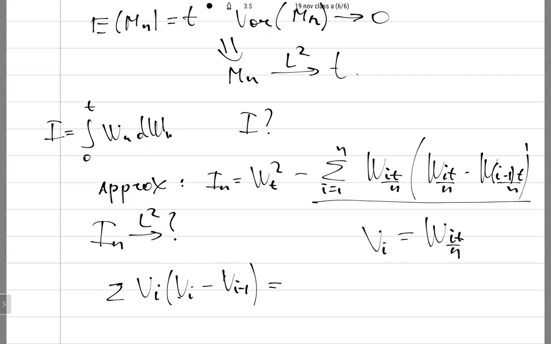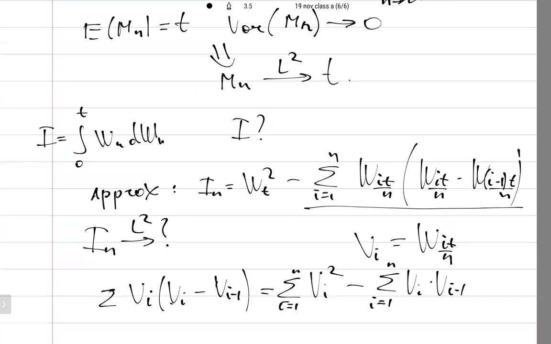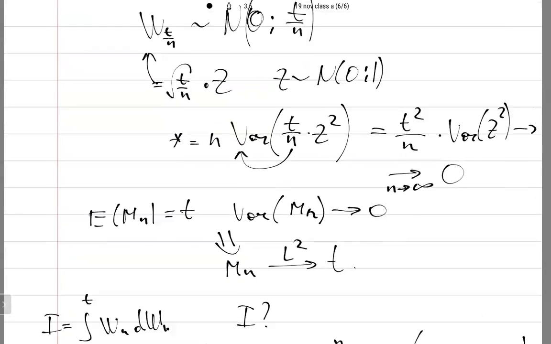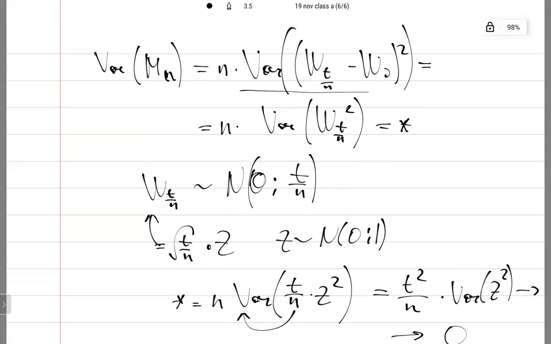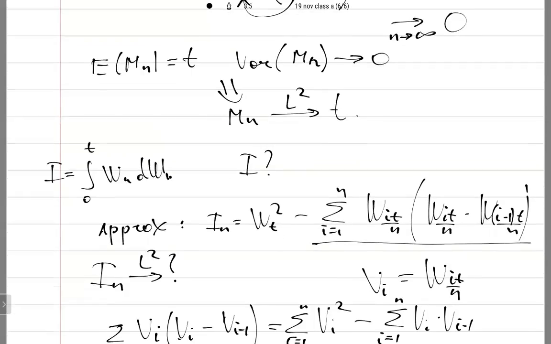If I open the brackets, it will be the sum of Vi squared minus the sum of Vi times Vi minus 1. And if I look at my previous example, it's almost like this.